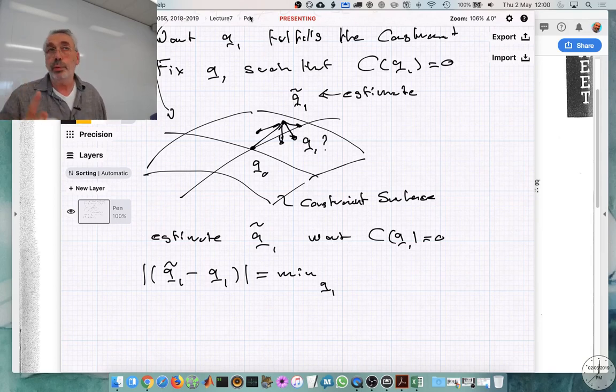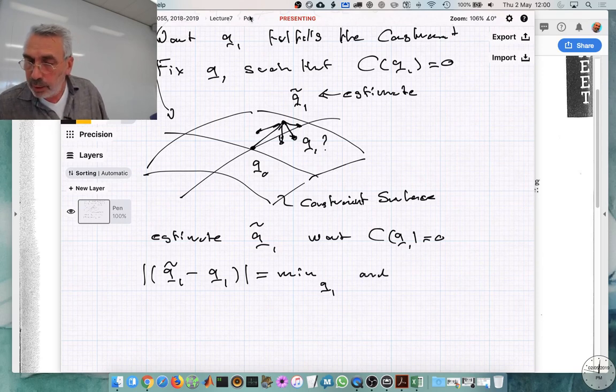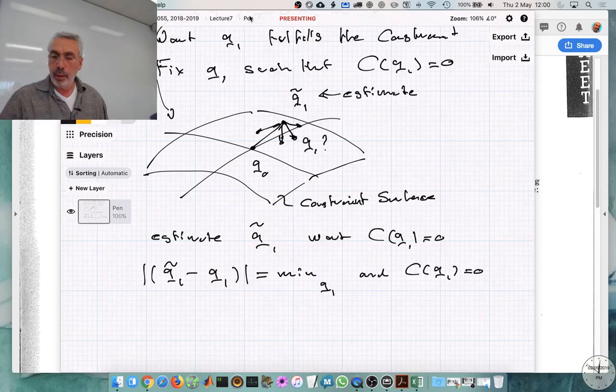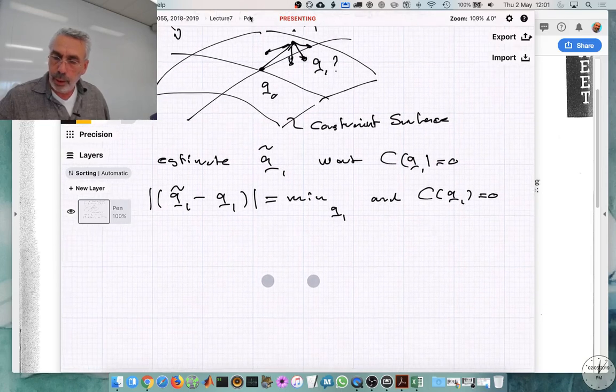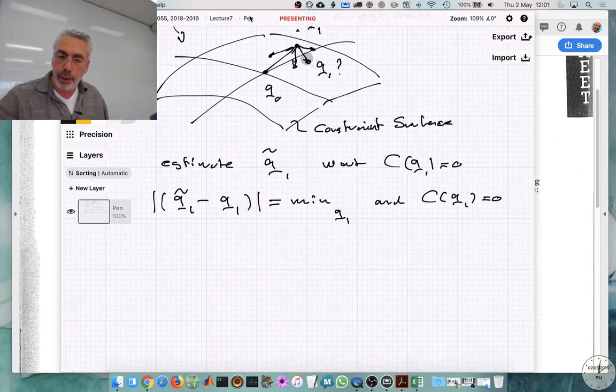But we also have to fulfill, of course, our constraints in that sense. Q1 must be on the surface, so we have to write that C of Q1 is 0. Now, for those who are in optimization and so on, this is clearly a minimization problem with a constraint. Constraint optimization, we call this. And we can rephrase it by saying, well, actually we want to calculate what this distance is.